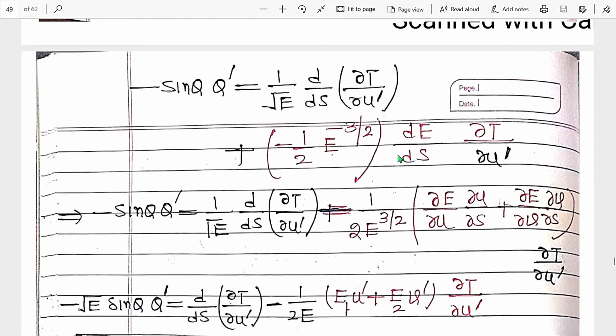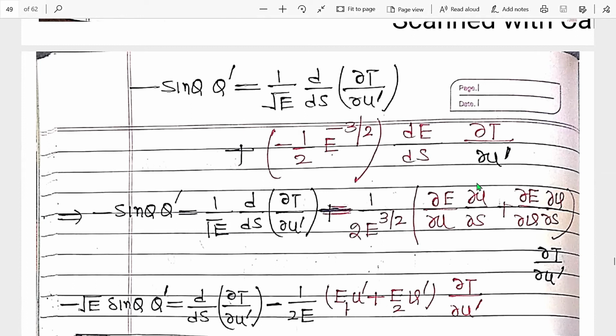Now from this, we get these values. Now this is dE by dS. E is a function of u and v, so we can differentiate this function through u and v, not directly with respect to S. So through u and v, we get curly E by curly u times du by dS, plus curly E by curly v times dv by dS, multiplied by this term.